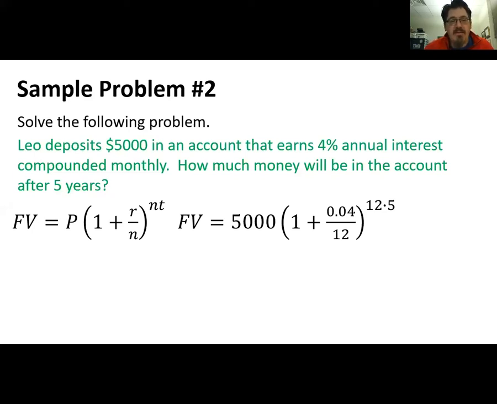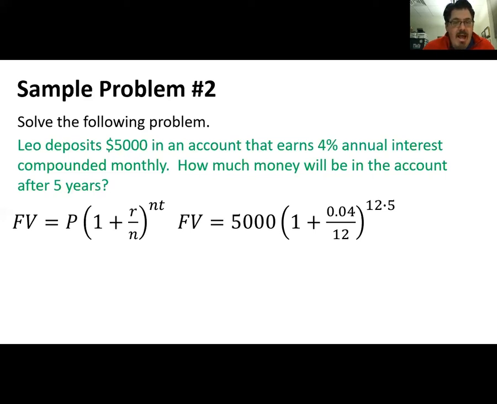All right, so that means N is going to equal 12 because we're compounding it 12 times. Okay? In the exponent, again, N is 12, and the number of years for this investment is 5 years. So again, the T is always a value written in terms of years.